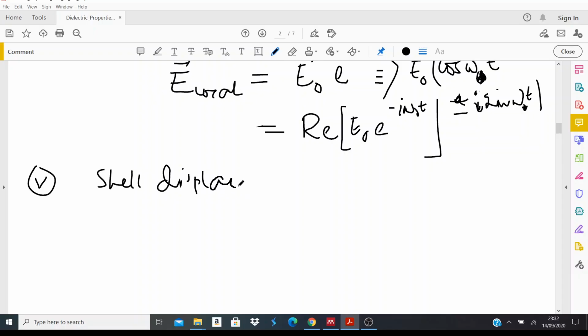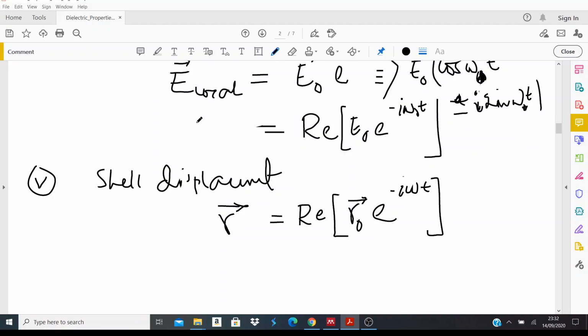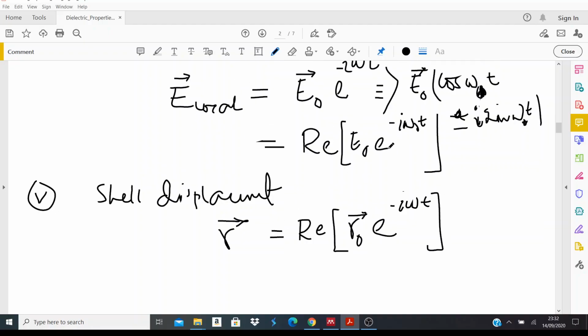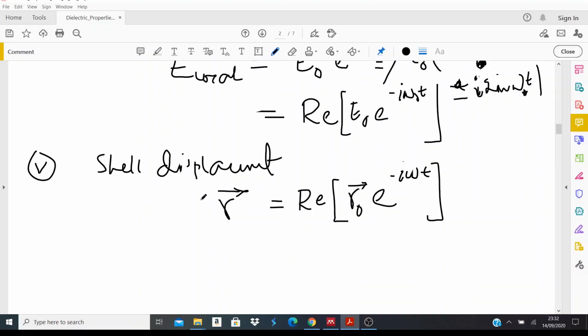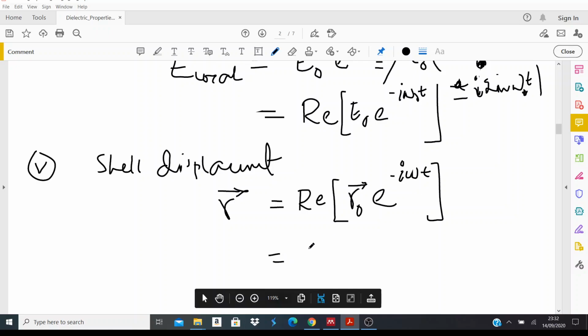The shell displacement, which is a vector r, is of the form of the real part of some r naught vector times the same time harmonic part, because the atom is feeling an oscillating electric field of sine or cos nature, and our assumption is that the electron will follow. So the displacement will also follow a similar time harmonic motion, and we usually drop the real sign and write it as e to the power minus i omega t.